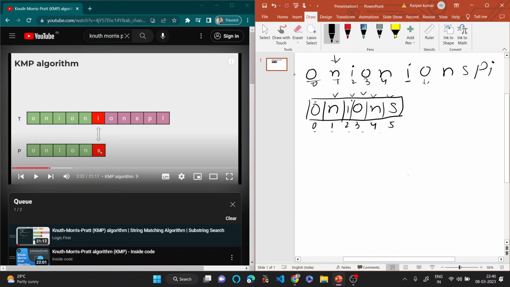So the idea is basically, in this case, the first and second characters are found again in this string.